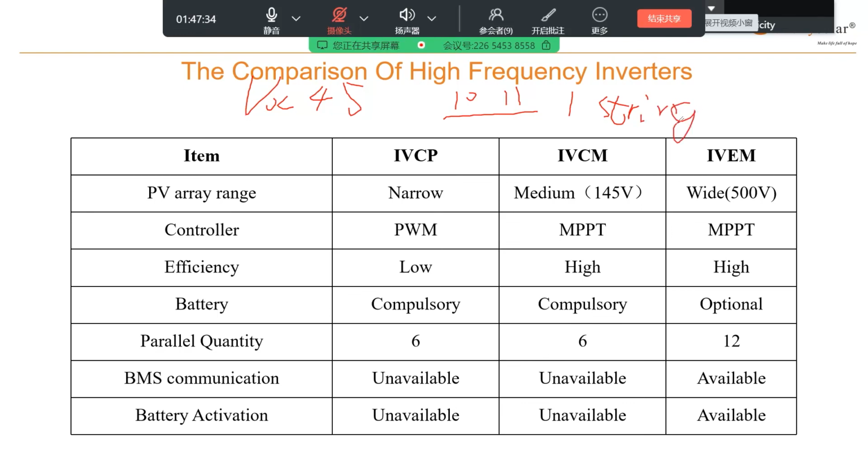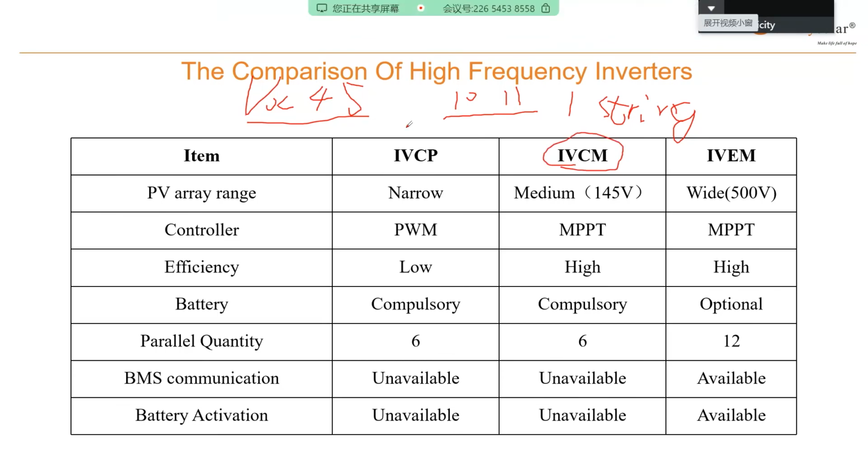But if you use the same panels connected with IVCM, you can only use about three pieces, because 45 times 3 is 135 volts, which approaches the 145 limit.